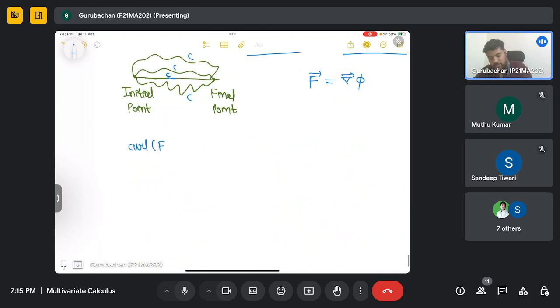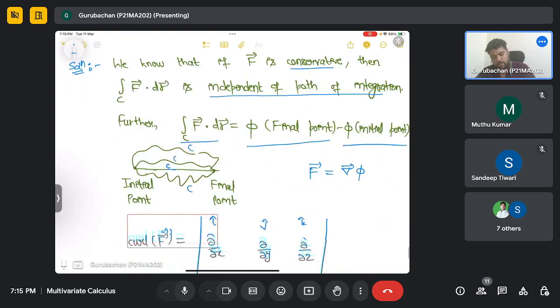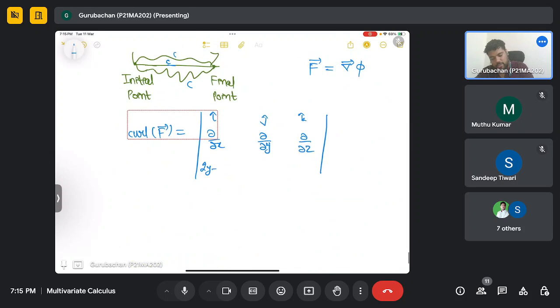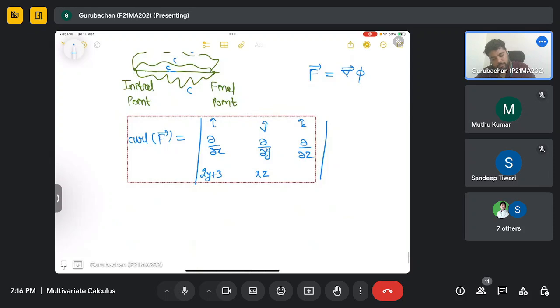Curl of F will be the determinant with i cap, j cap, k cap. So this is 2y plus 3xz, 2y plus 3xz, and the other one is yz minus x.